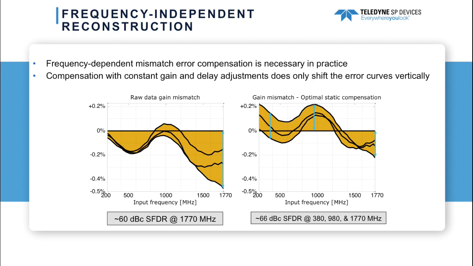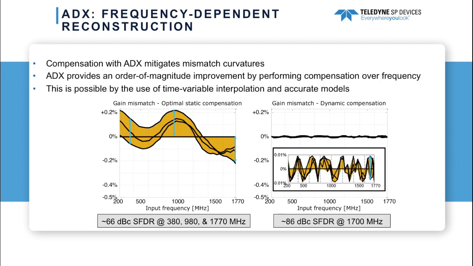This is in practice implemented by manipulating the gain of each ADC core. From the right figure, one can see that after optimal frequency-independent compensation, the remaining mismatch can still be significant, and in this particular case, the SFTR improvement is merely some 6 dB. However, when the mismatch error correction is made to actually correct mismatch versus frequency, like in ADX, the improvements in SFTR can be an order of magnitude better.